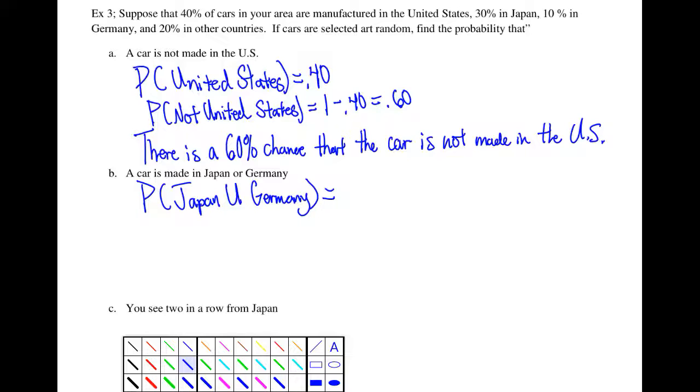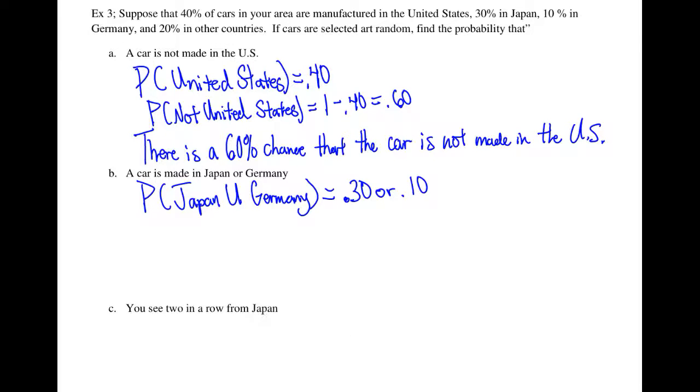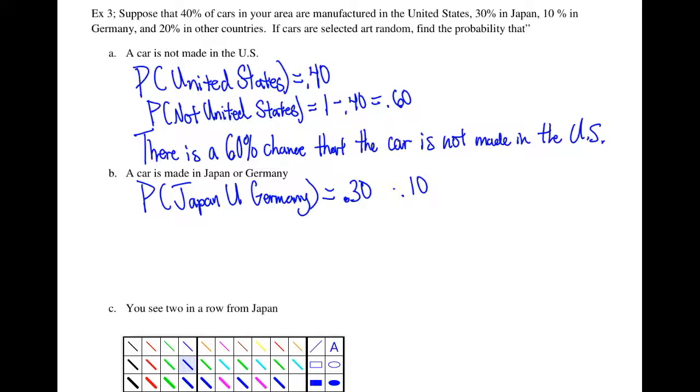equals the probability of Japan being selected, 0.3 or 30%, and Germany is 0.1 or 10%. So we can go ahead and put the addition sign there. And that would equal 40% or 0.4.